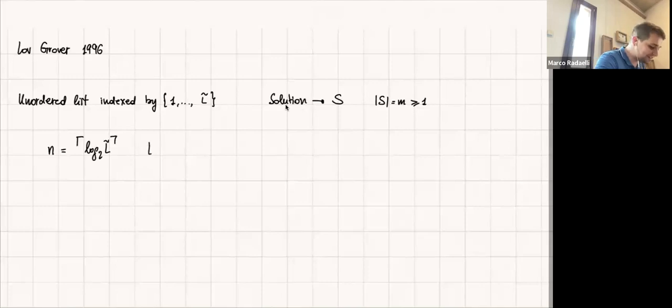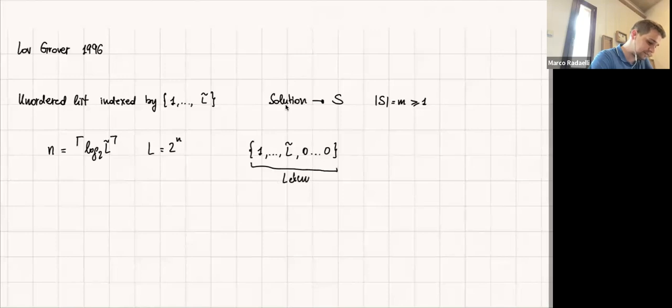And at that point, we will redefine a new set which has length 2 to the n, which means that we are using a slightly larger set, but we can always fill it with zeros if needed. So say the set in which we are going to look is something like this: 0, 0. And in this way, we will have L elements in the set.